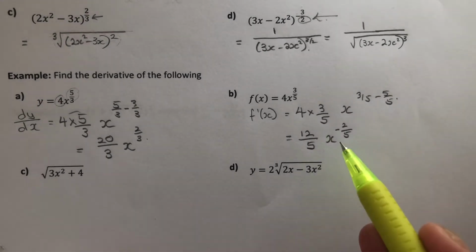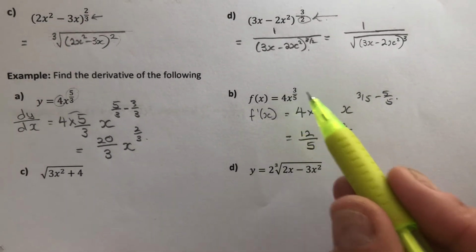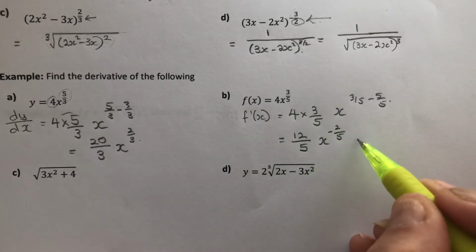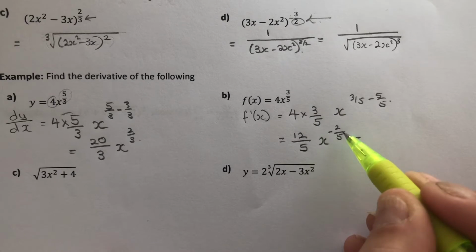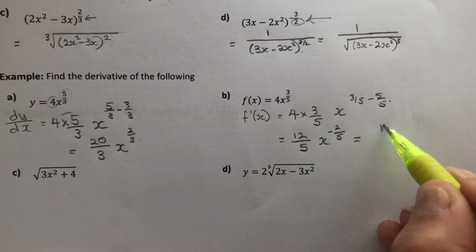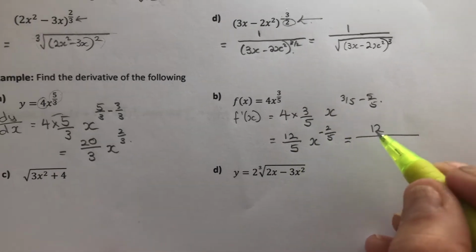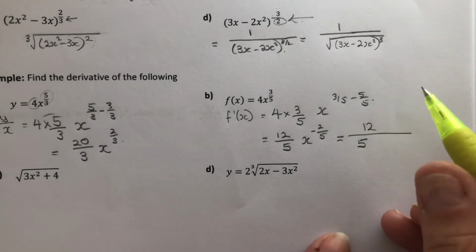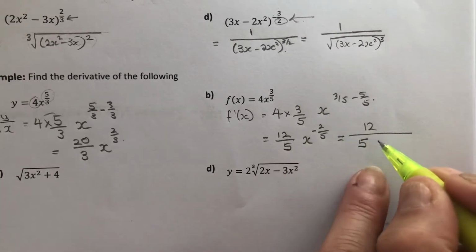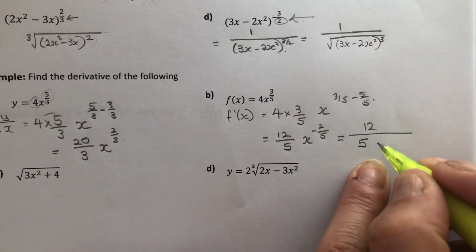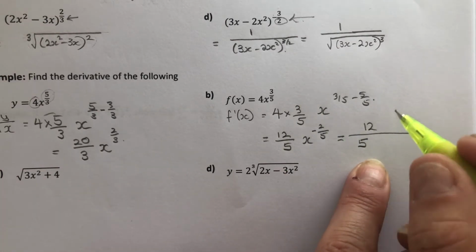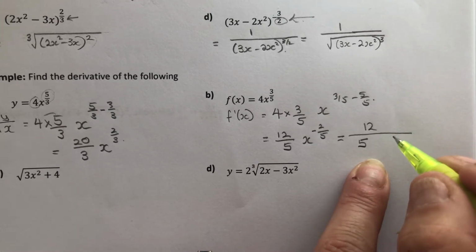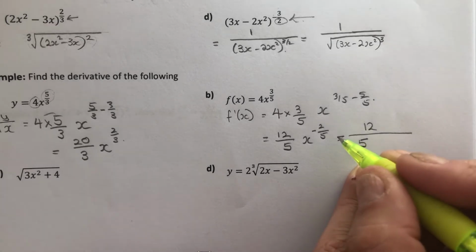All right, so you can see here, just these numbers have been swapped. So we've got a negative here. So we do want to finish this off nicely. This whole thing's going to go on the bottom. So we're going to have a 12 on the top. And on the bottom, we're going to have 5 times, and I'm going to write this out with the root sign, to show you how you might also see it.